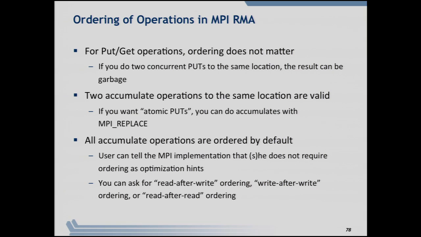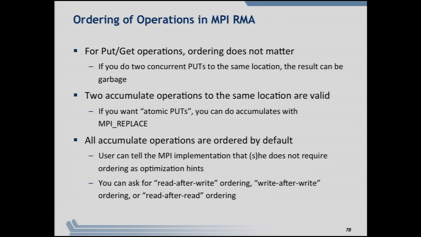Okay. So one of the things to understand as well, remember first, these are all non-blocking operations. Right? And there are no tags. So there's no real ordering. So for put and get, it just happens in whatever order it happens.